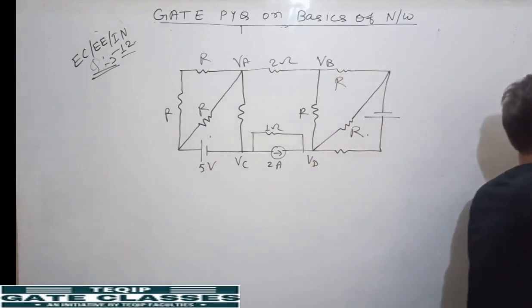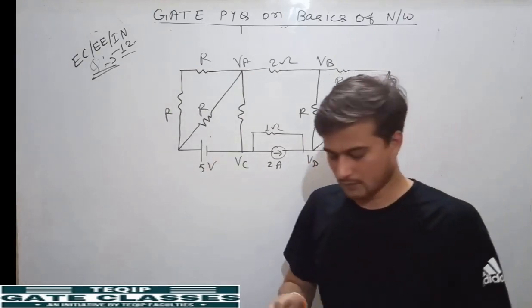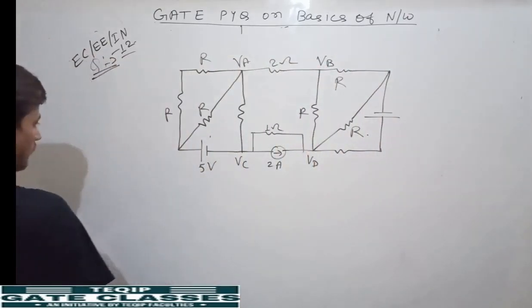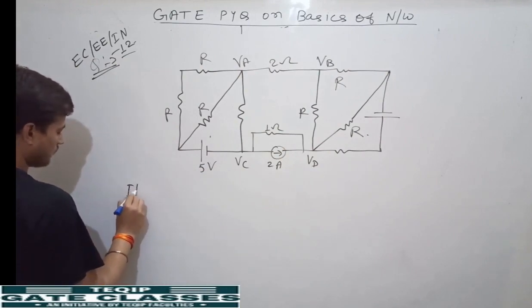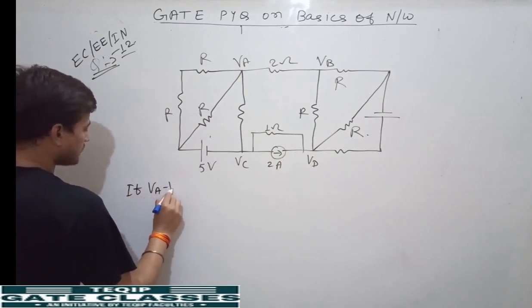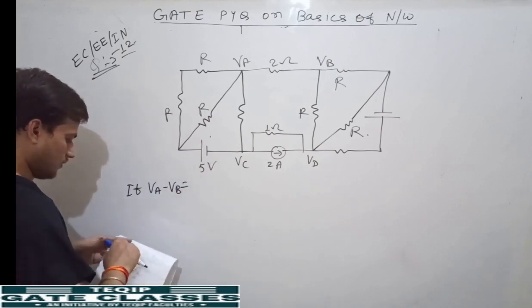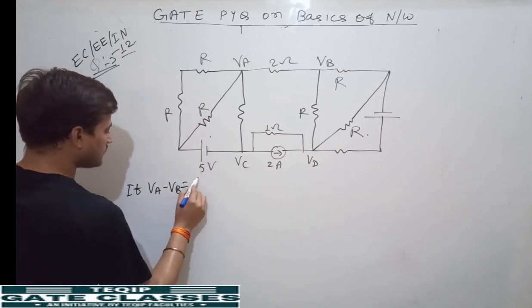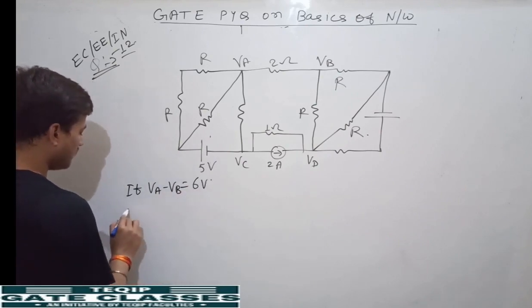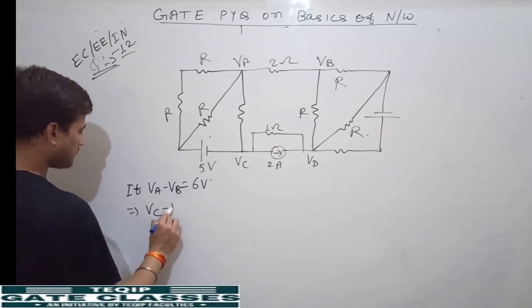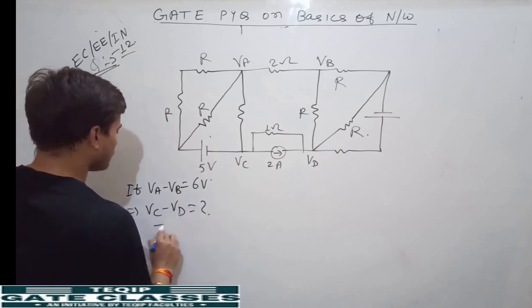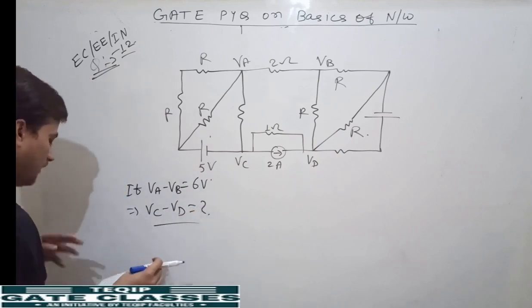They are saying, if VA minus VB is 6 volt, then VC minus VD equal to what?